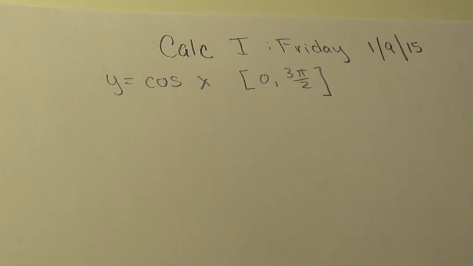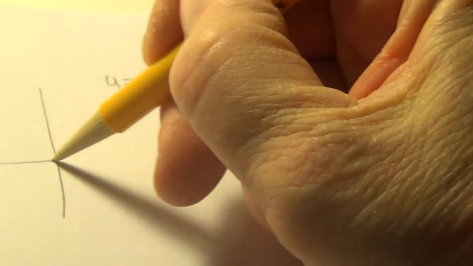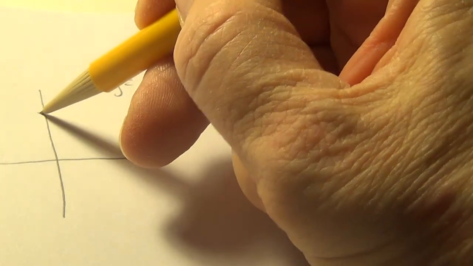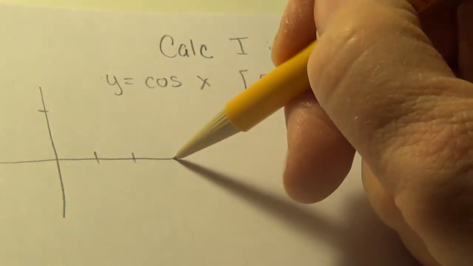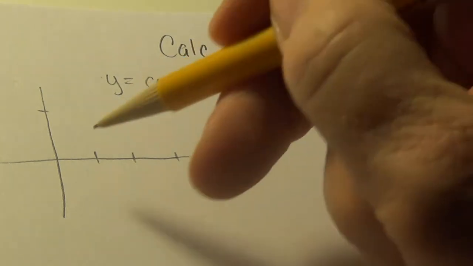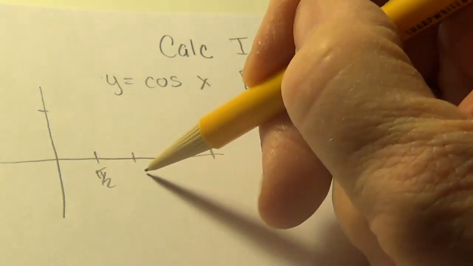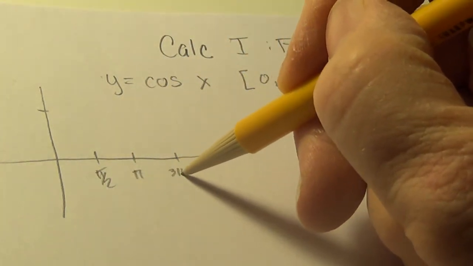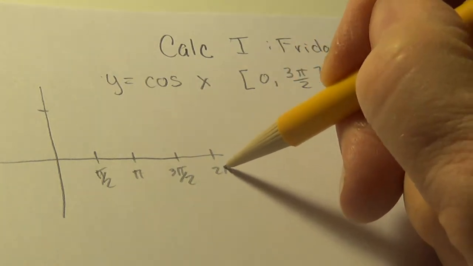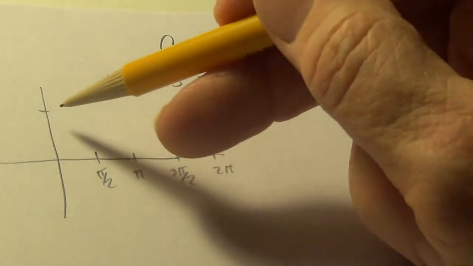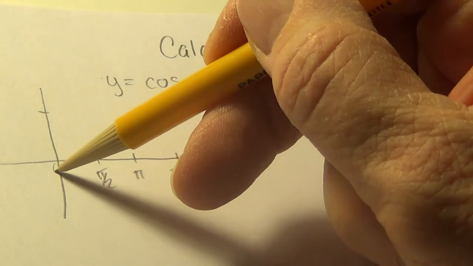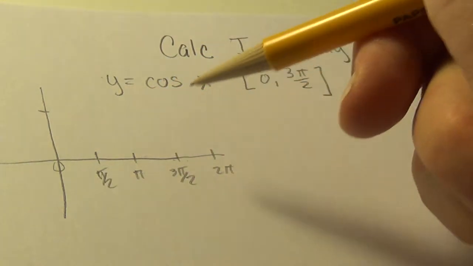So you'll be taking these notes and draw the graph. Cosine curve starts at 1, and here's our 4 tick marks. We have pi over 2, pi, 3 pi over 2, 2 pi, and we're interested in it between here, 0, and 3 pi over 2.